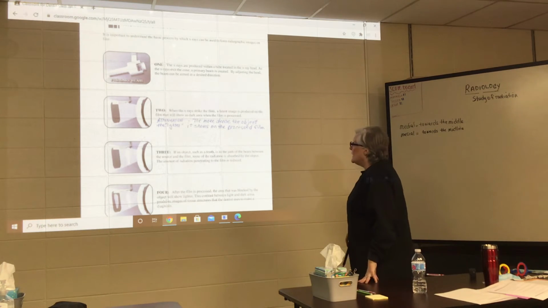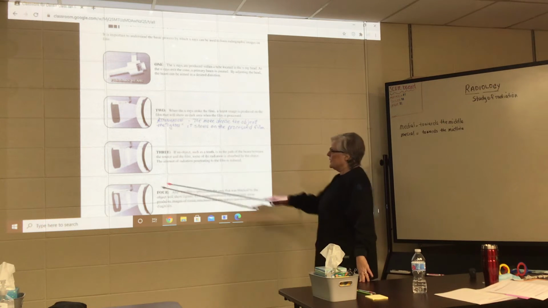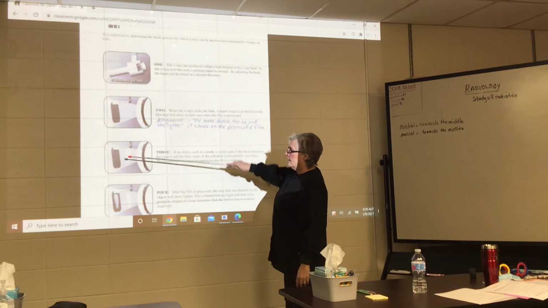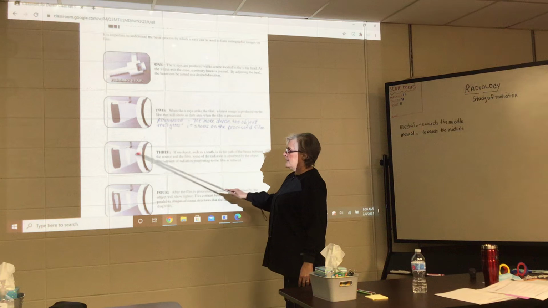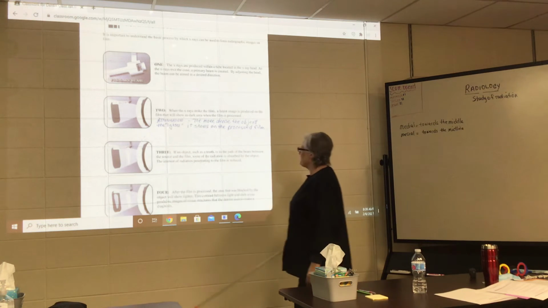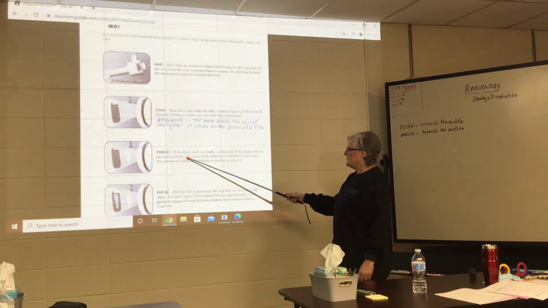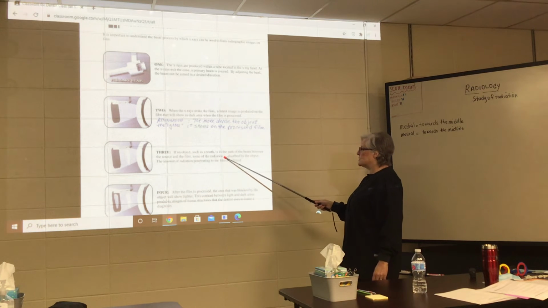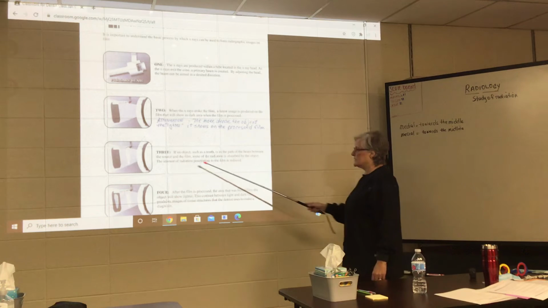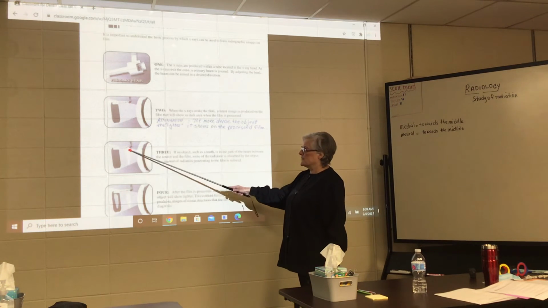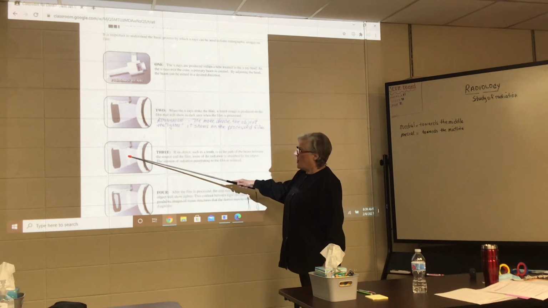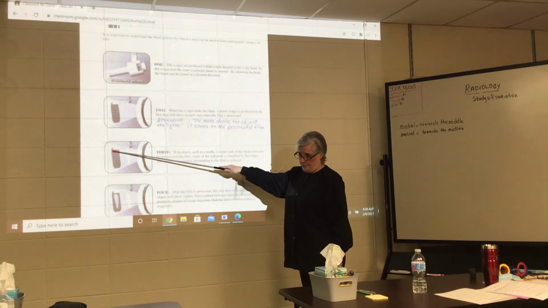So if an object such as a tooth is in the path of the beam between the source and the film receptor, some of the radiation is absorbed by the object. So the tooth is going to absorb some of the radiation, and not all of it is going to get through.